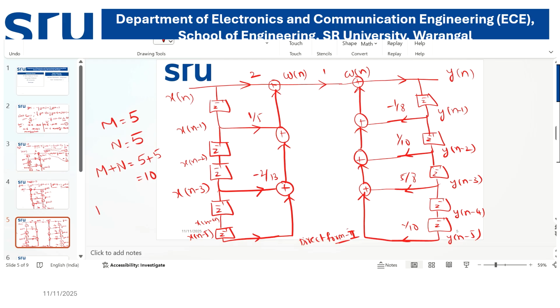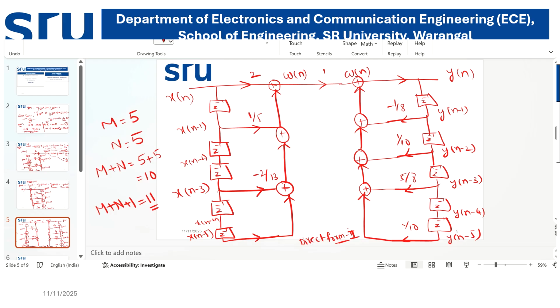Next, the number of memory locations required for direct form 1 is 5 plus 5 plus 1, that is 11 memory locations are required to generate this. So therefore, the number of additions and multiplications required is 10, as well as the number of memory locations required for direct form 1 structure is 11.